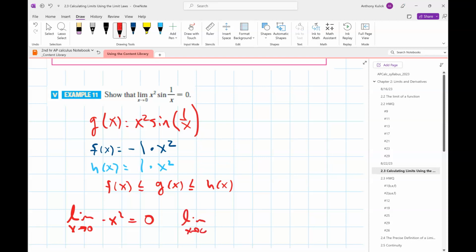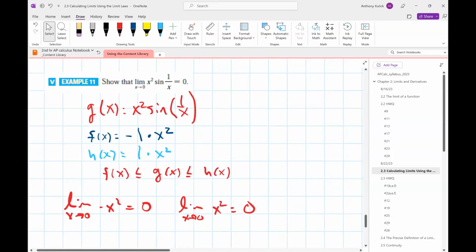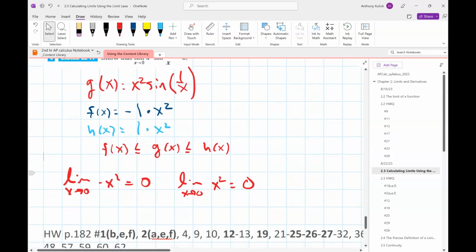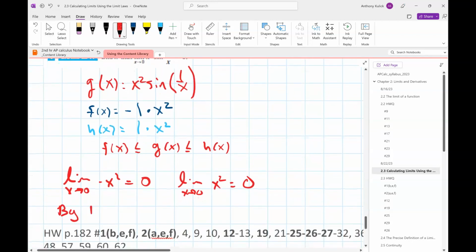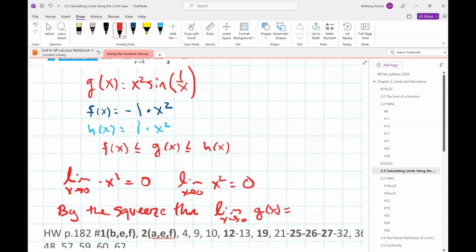And the limit as x approaches 0 of +x squared is also 0, just direct substitution. Now, by the squeeze theorem, the limit as x approaches 0 of g of x, I'm just going to write g of x to save myself some time, is also 0.